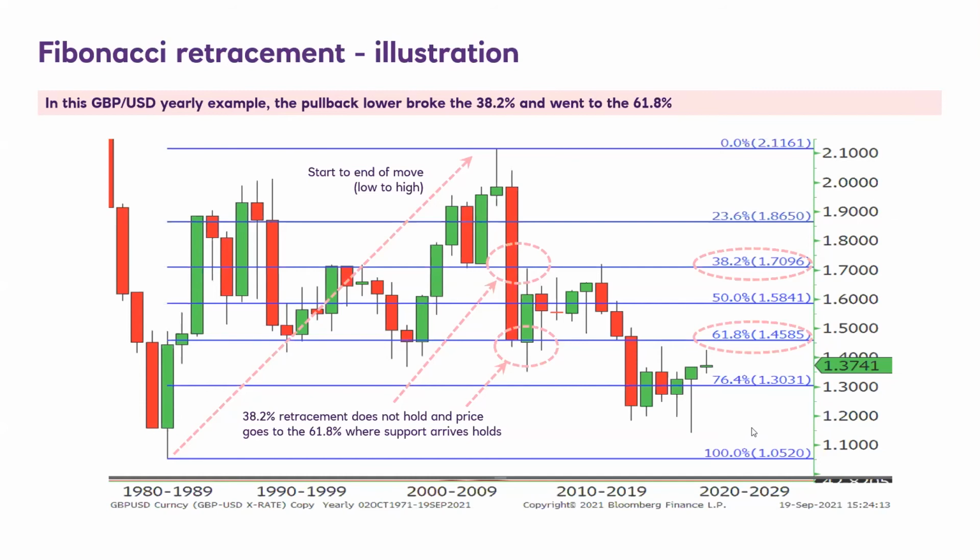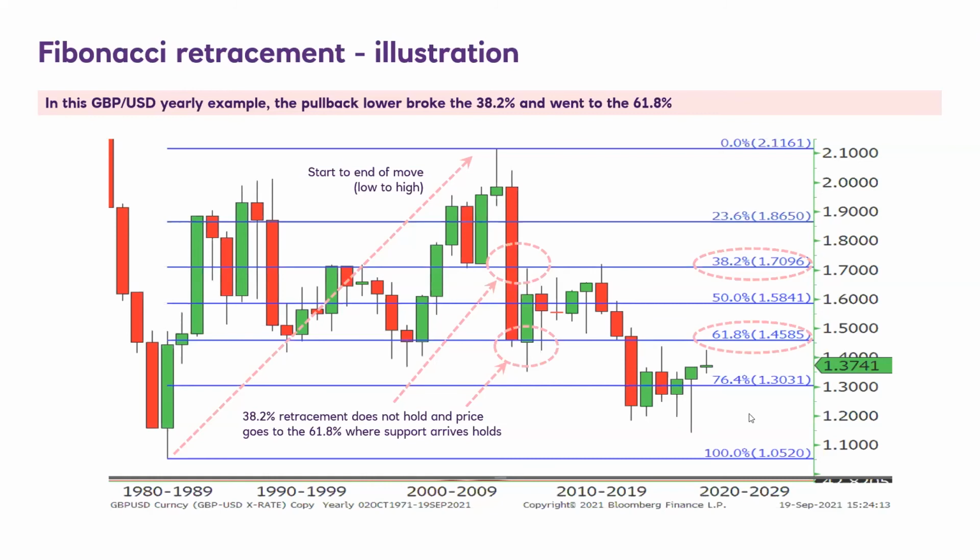Then, using that rule of polarity, we know that support and resistance change. So when the market rallies off the 61.8%, you'll see that it stalls twice at that 38.2%, and then the market continues in its prevailing direction and goes lower towards the 76.4%, where it trades around that for quite a few years.